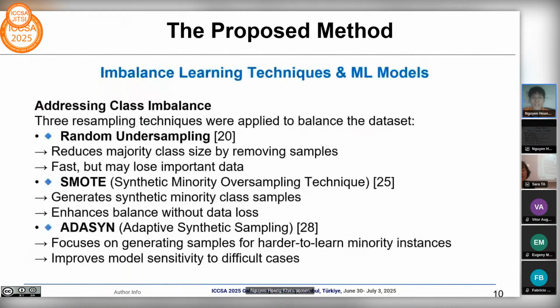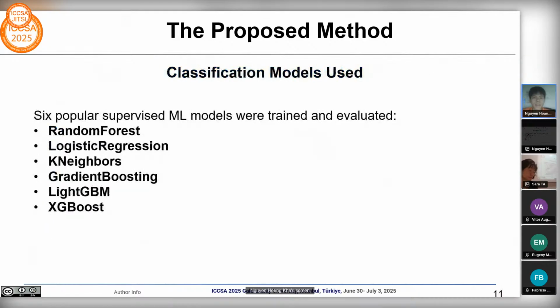For imbalance learning techniques, we address class imbalance with random sampling, reducing majority class size by random undersampler, SMOTE and ADASYN. In the classification models we use random forest, logistic regression, K-neighbor, and gradient boosting, also LightGBM and XGBoost.